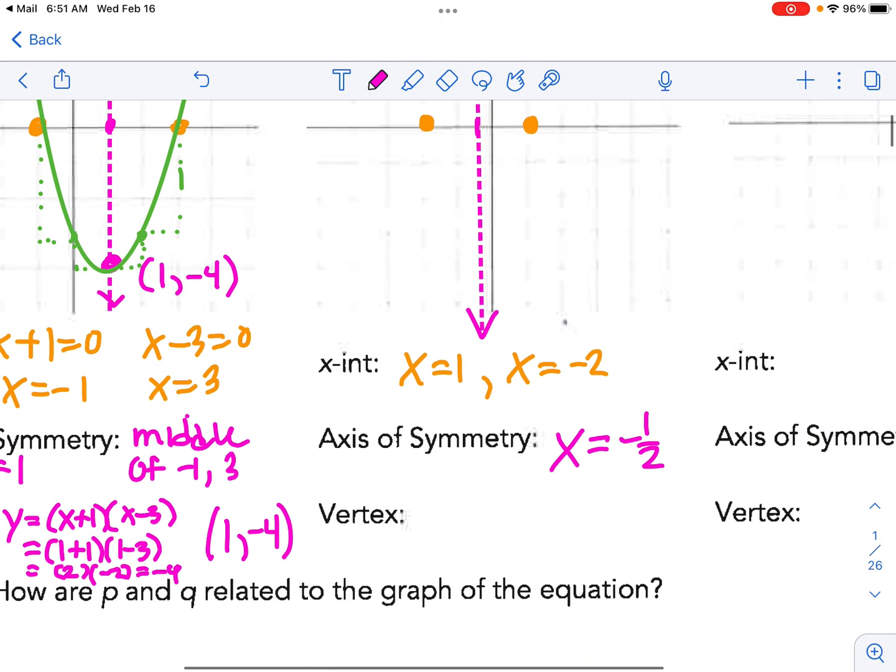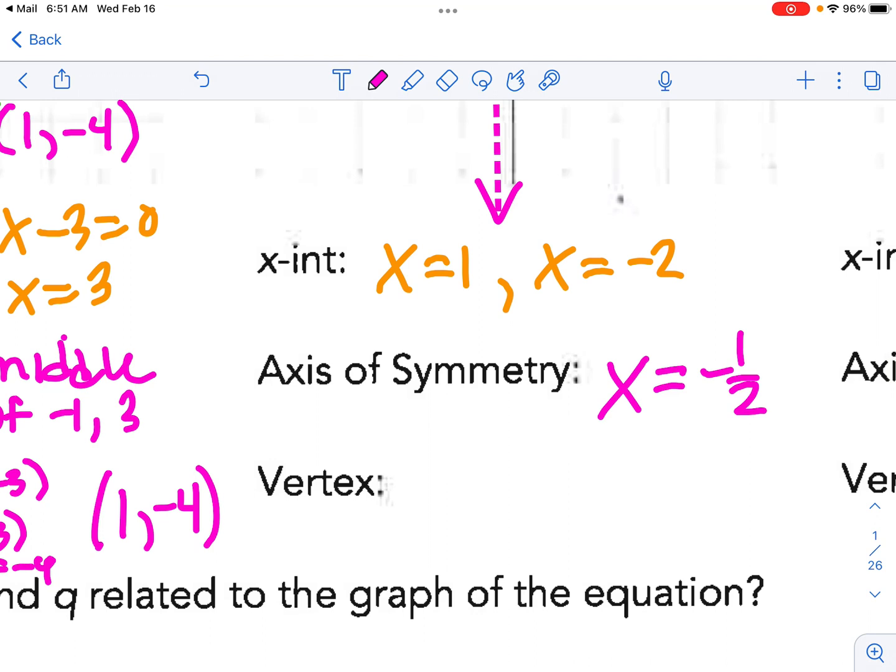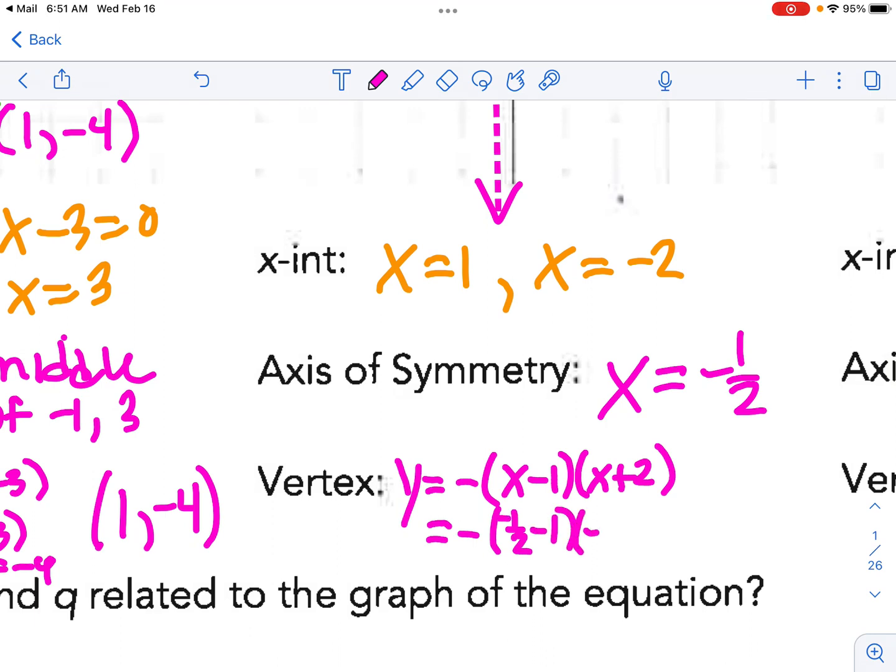So x minus 1 and x plus 2. So we know it's y equals minus (x minus 1)(x plus 2). So that is minus, negative 1/2 minus 1, and negative 1/2 plus 2. And you might need a calculator to multiply that out.